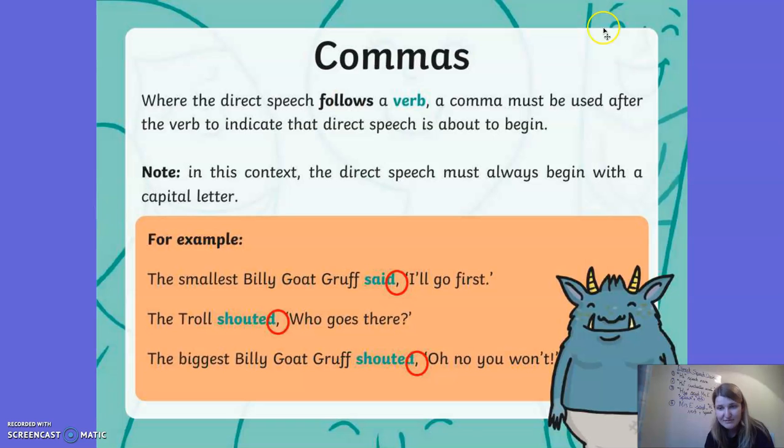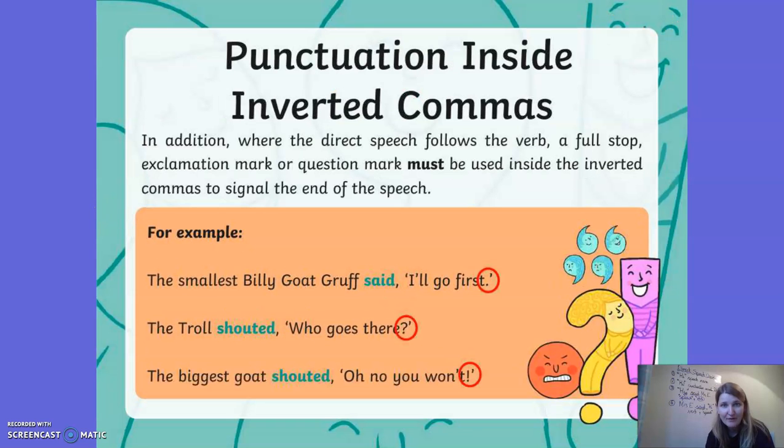All right, if you're ready to move on, I'm going to talk to you a bit about punctuation inside inverted commas as well. Okay, so again, here we had "Hi," comma, said Mrs. E, speech, comma, verb. If I've got the verb before the speech, so verb, comma, speech, then I also need to include some punctuation at the end of my sentence.